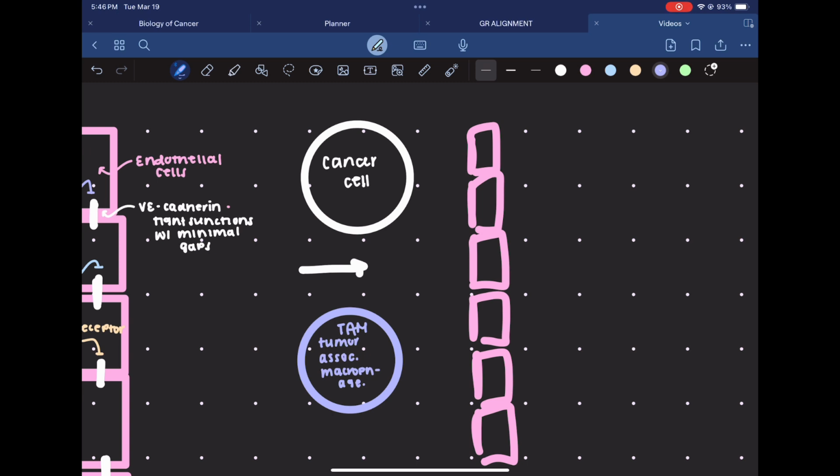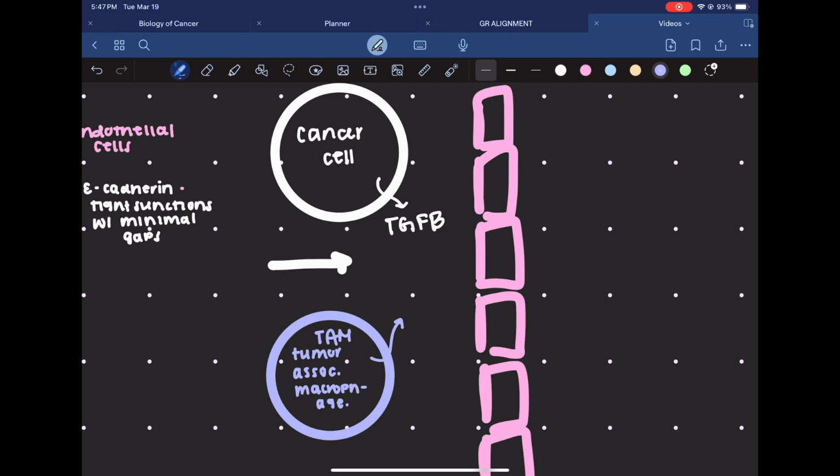My cancer cell is going to secrete a molecule called TGF-beta. And my tumor-associated macrophage is going to secrete something called TNF-alpha, which is part of the tumor necrosis factor family.